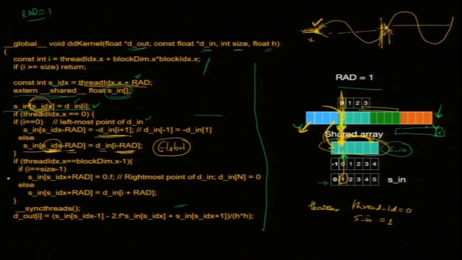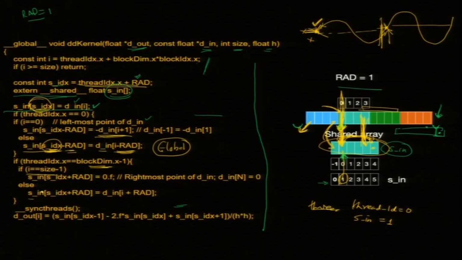The same thing we need to do for the right point. When my I equals size minus 1, the thread ID is block dim minus 1, which is the last point. 4 minus 1 is 3. It has already copied this one, but now this has to be copied.